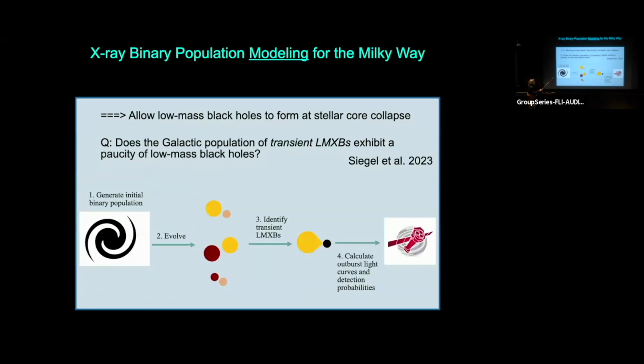So generate an initial binary population, evolve them, make them low mass X-ray binaries, identify the transients. We understand well enough the physics of what binary is a transient at what part of their life. And then take into account selection effects from our X-ray surveys and calculate detection probabilities.